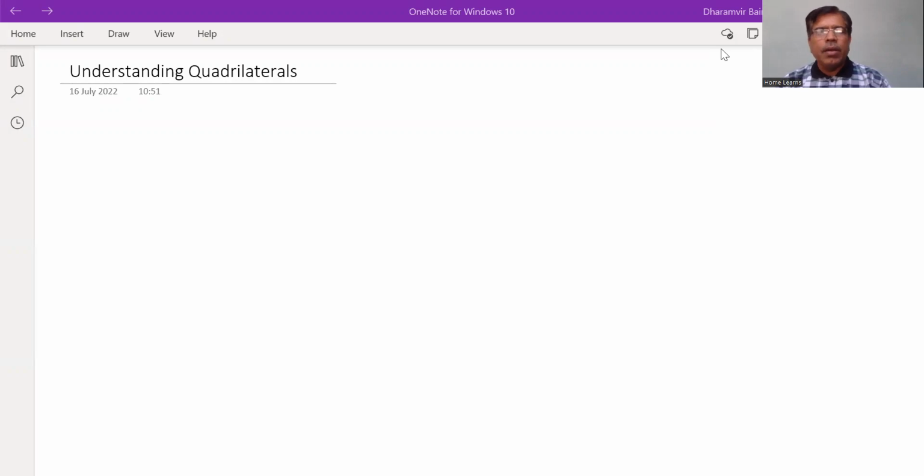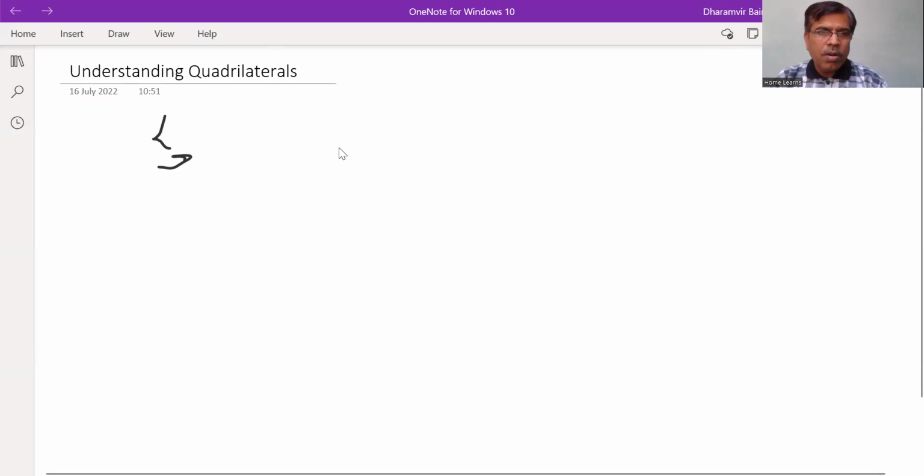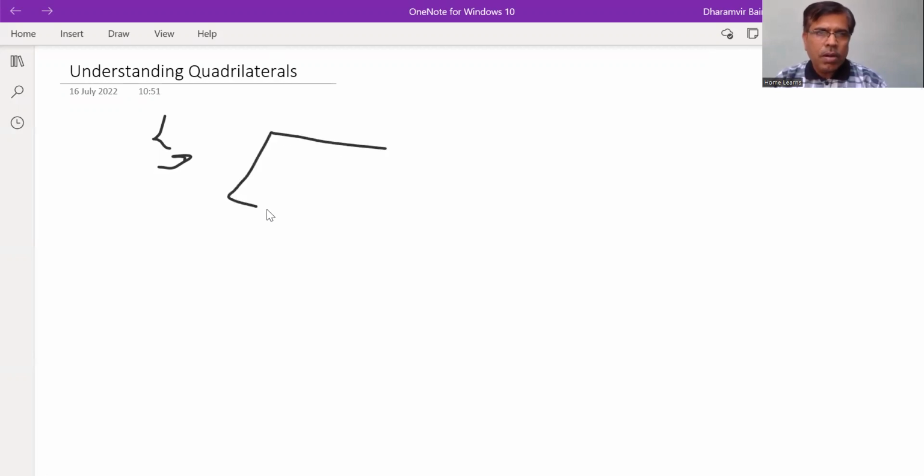Like here I'm drawing a picture for you. This is not a polygon, but this is a polygon because it has 4 sides.